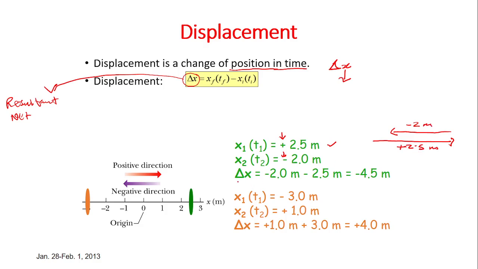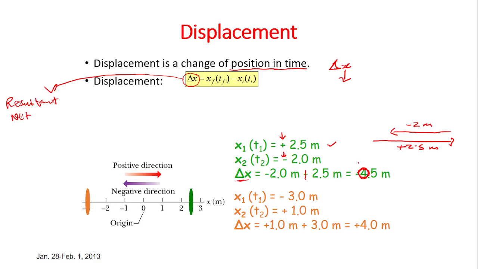So the resultant displacement or the final displacement is simply equal to what? Positive 2.5 meters minus -2, so that one has to be positive and there has to be negative, and this has to just be 0.5.